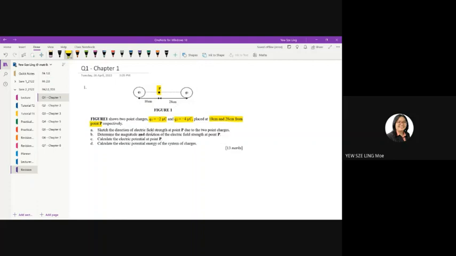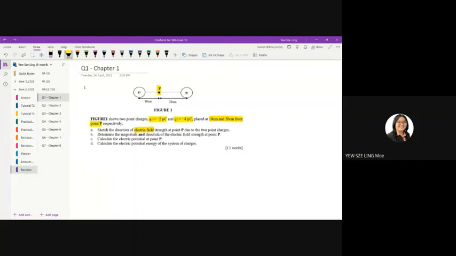Sketch the directions of electric field strength at point P due to the 2 point charges. Now, how to sketch an electric field diagram? Electric field, you can sketch it even though you have just 1 charge. In fact, you just need 1 charge. It is unlike force. For force, you need 2 charges in order to identify whether there's a repulsive or attractive force between them.